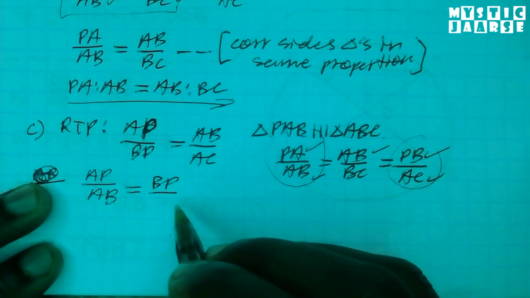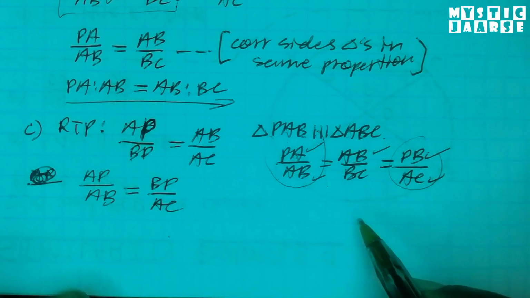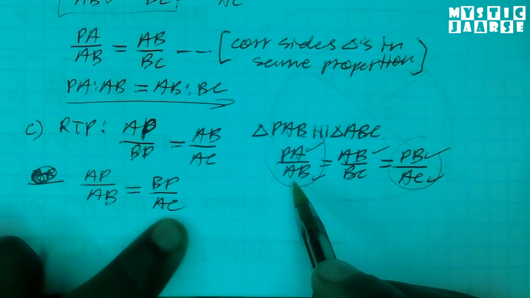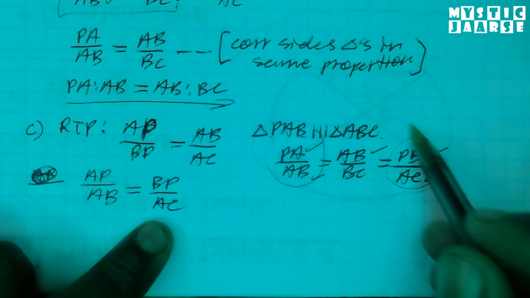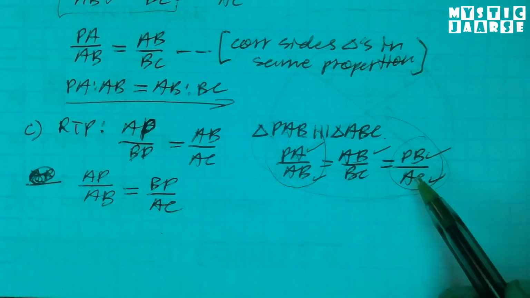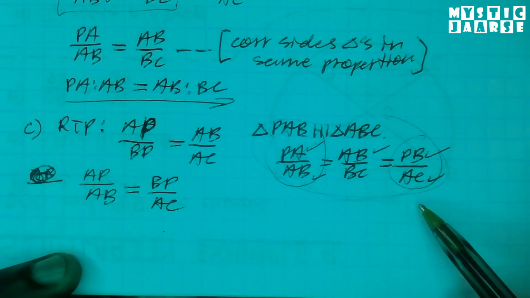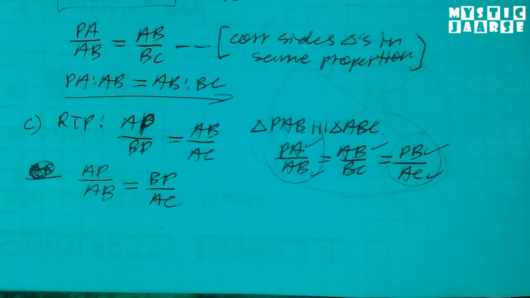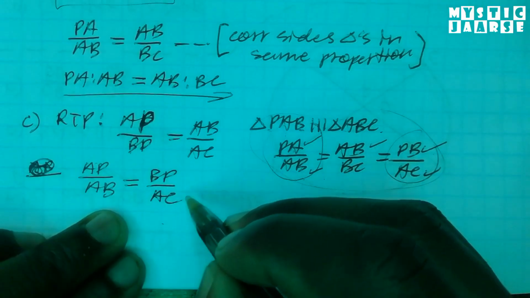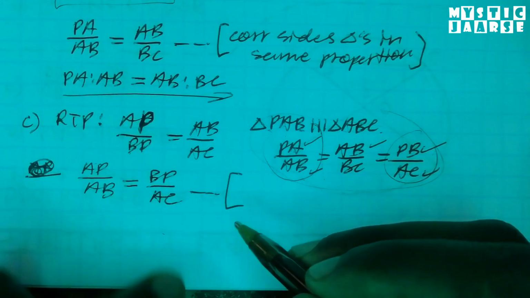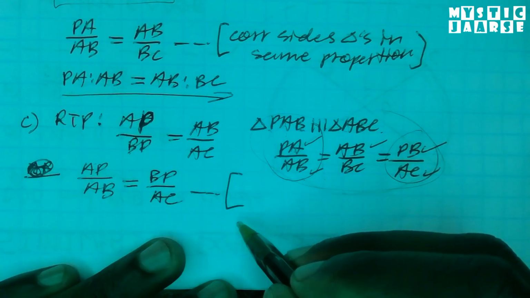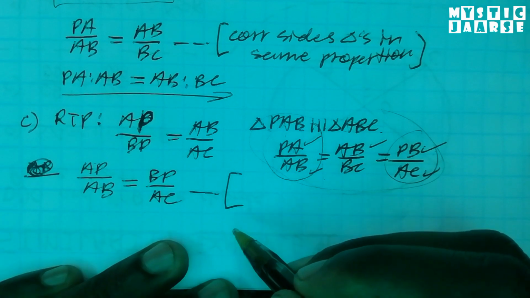BP divided by AC. Now these are the two pairs of sides that we took from all the corresponding sides of our triangles that are in the same proportion. So we need to write a reason why this pair of sides are proportional to one another.